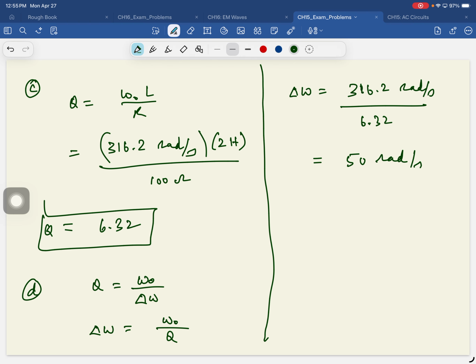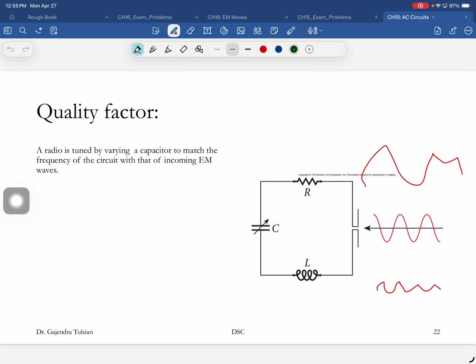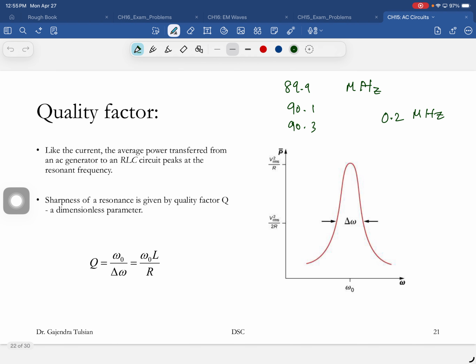So that's the width. That means you go 25 radians per second on this side or 25 radians per second on this side, where the power delivered is half the maximum.